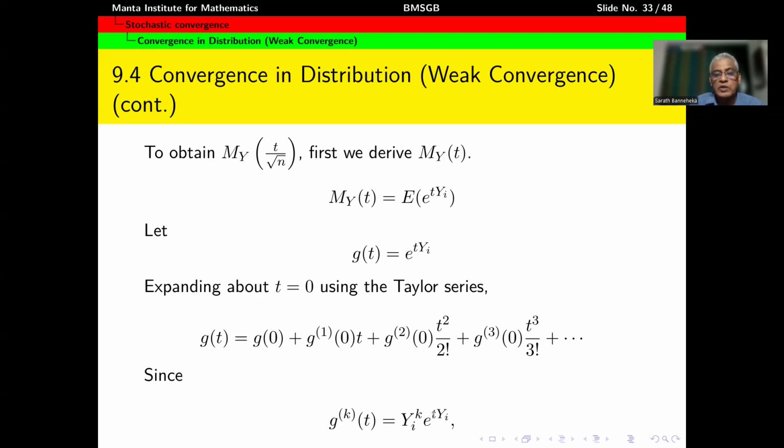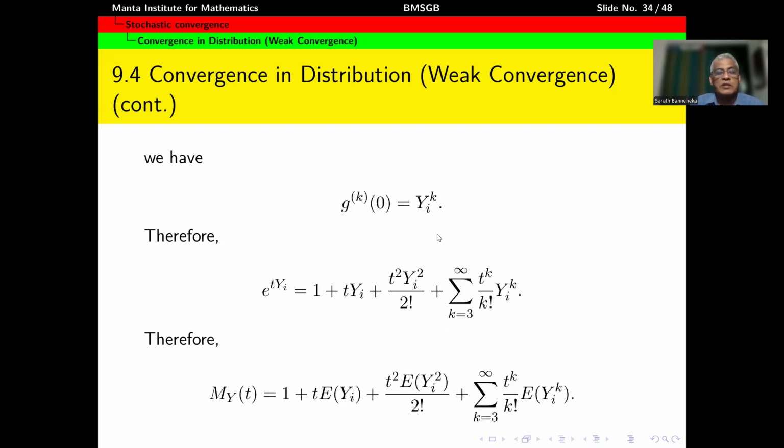So therefore, you have to put t equal to 0. Therefore, the kth derivative of g evaluated at 0 will be just Yi to the power k. So when you substitute these things in the g(t) function, you get this expression: e to the power t Yi is equal to 1 plus t Yi and so on.